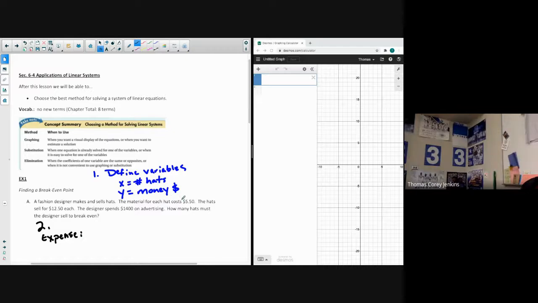The material for each hat is $5.50, so the cost per hat is $5.50. So we'll say money, which is y, equals $5.50 per x, for per hat. Also, we've spent $1,400 on advertising. That's a cost as well, but that's a one-time fee. So there's my equation for expense, and then you have one for income.